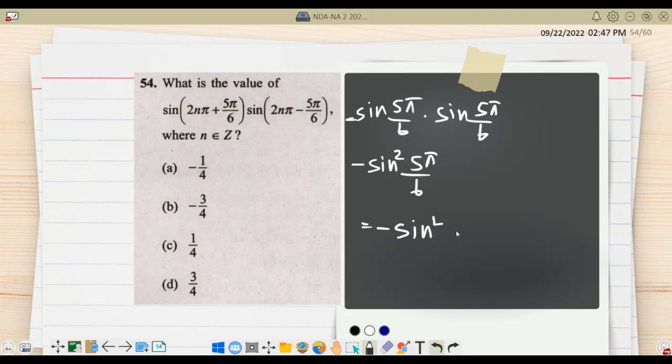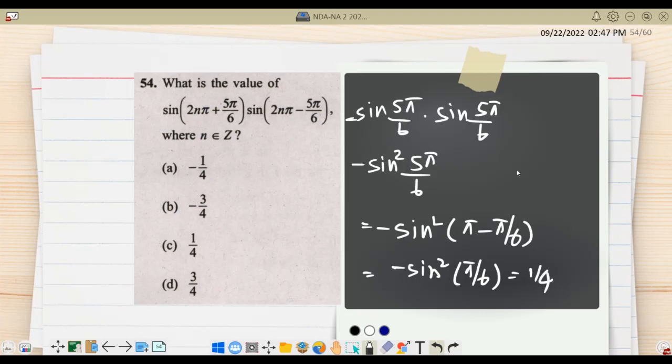Sine square 5 pi by 6 can be written as pi minus pi by 6. This is going to be minus sine square pi by 6. It's going to be 1 by 4, because sine pi by 6 is 1 by 2, we're going to get the square, so 1 by 4. Sorry, negative 1 by 4. Option A is your answer.